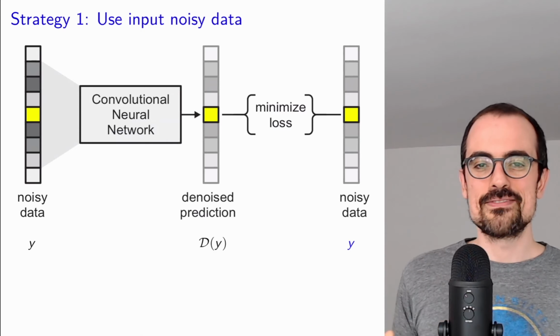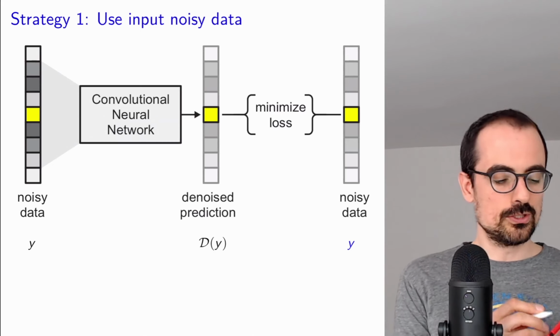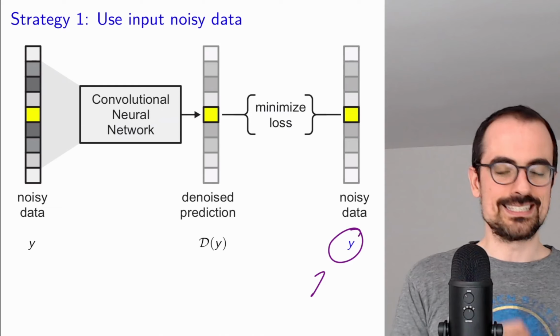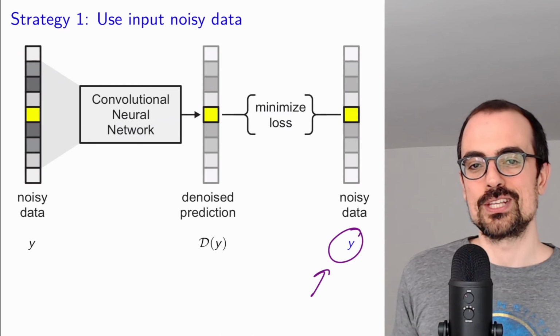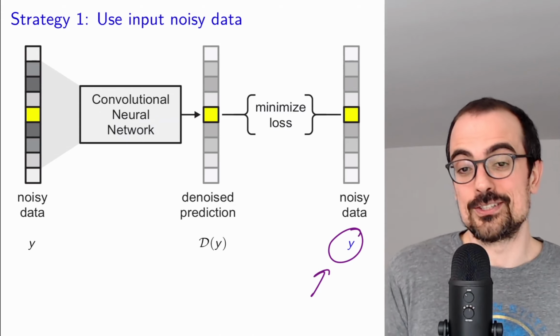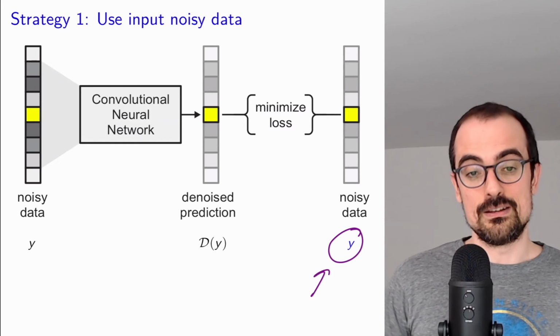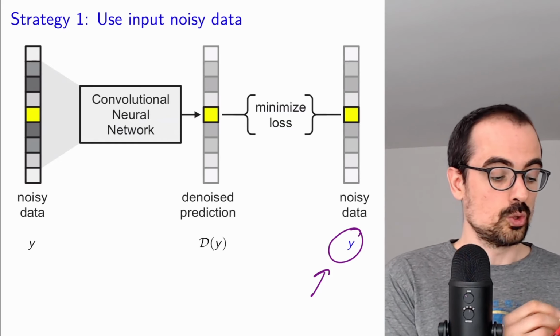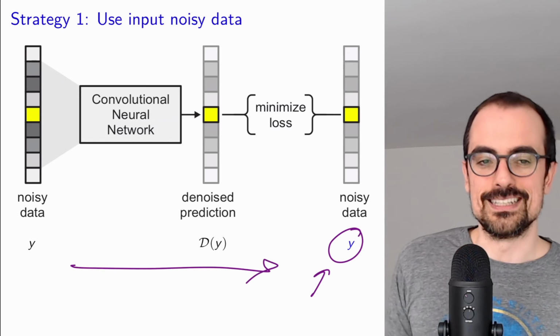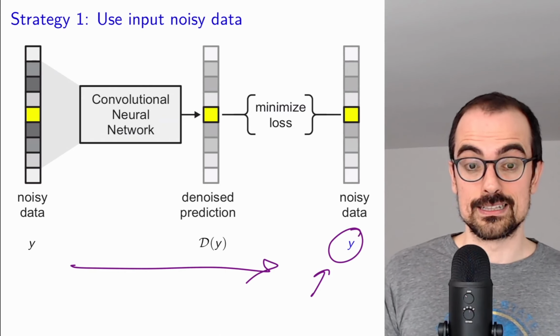The most naive possible strategy is you say, okay, I'm going to just put in the same noisy data. The good news here is that these noisy data do correspond to the same underlying clean signal. Of course they do. The problem is that the noise is not independent at all. In fact, the network can just learn to output the noisy data, and this would minimize the loss perfectly.